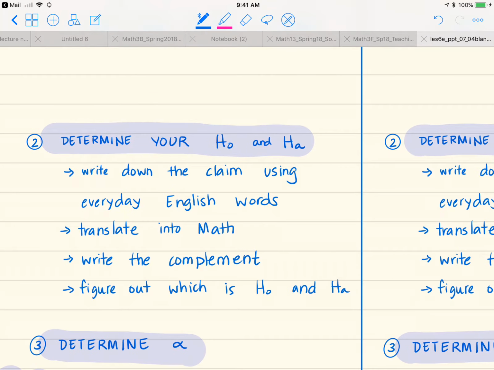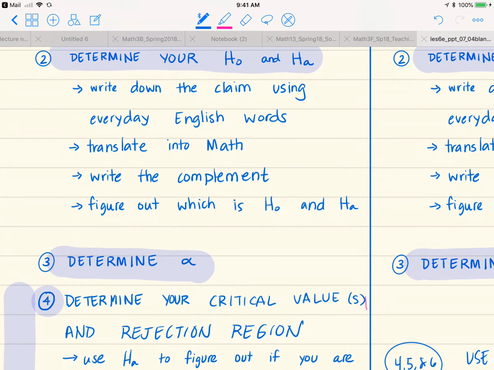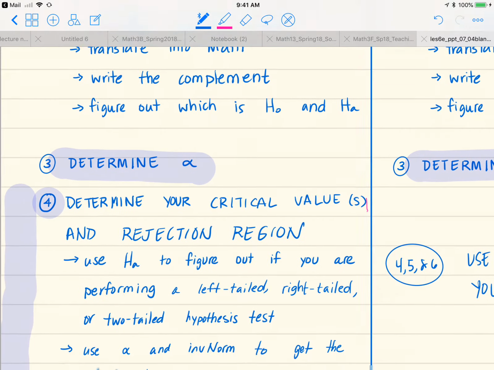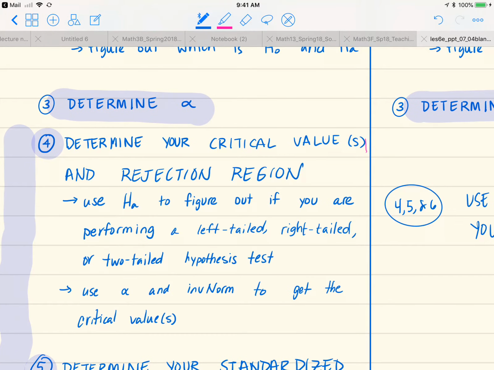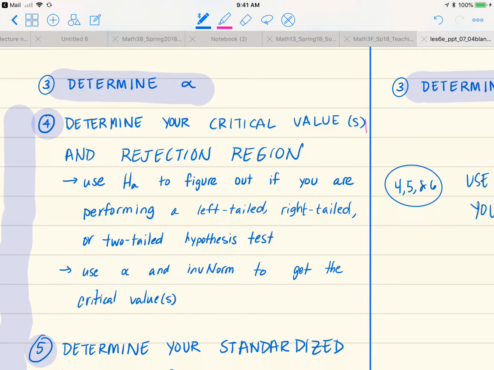The second step is your setup. You've got to set up your null and alternative hypotheses. Third step, which is the easy step, is you've got to figure out alpha. And then the fourth step, if you're doing the critical value method, is you've got to use your alternative hypothesis to figure out whether you're performing a left-tailed, right-tailed, or two-tailed test. Then you get your critical values, and that combined with the type of tail will give you your rejection regions.